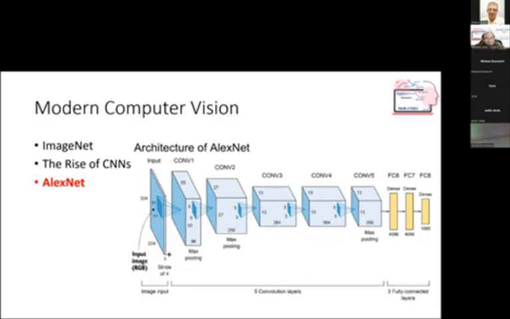AlexNet contains close to 8 layers of convolution and pooling filters, as shown below: 5 convolution layers and 3 fully connected layers, which help identify the objects. On the other hand, a model like ResNet has about 152 layers to successfully identify or make sense of the object.